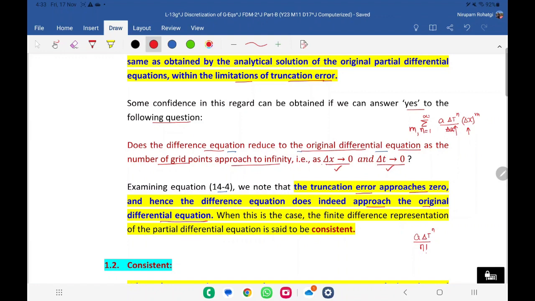When this is the case, the finite difference representation of the partial differential equation is said to be consistent. Now the first thing, this word consistent is important.